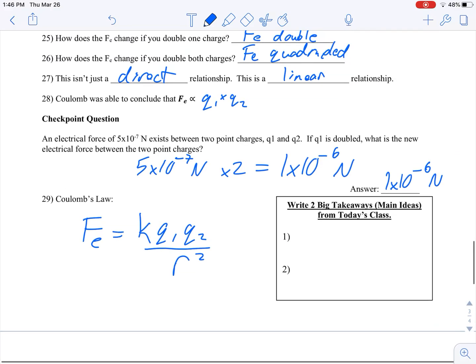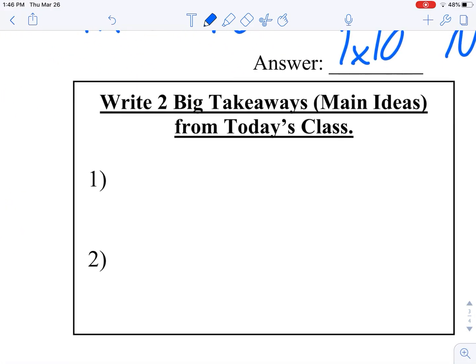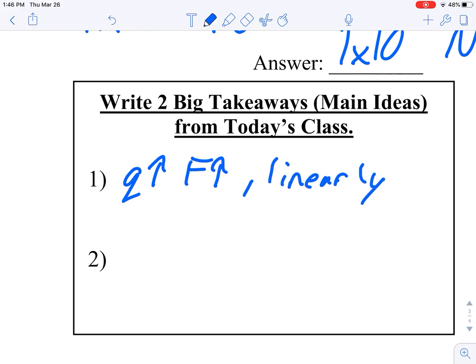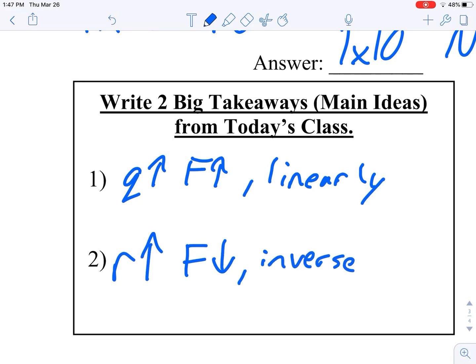We'll talk more about what that is tomorrow. So the two big takeaways here: as charge goes up, force goes up linearly. And as distance goes up, we call it R distance, just like with gravitational force, force goes down inverse square.